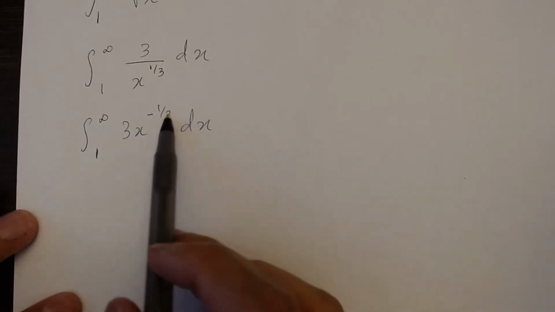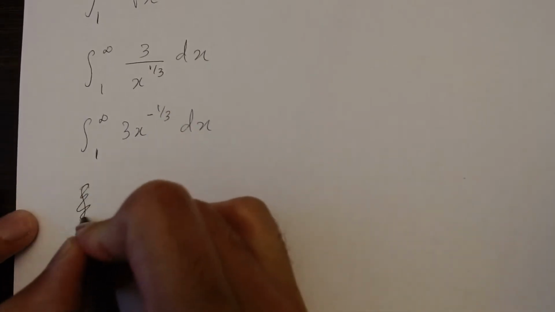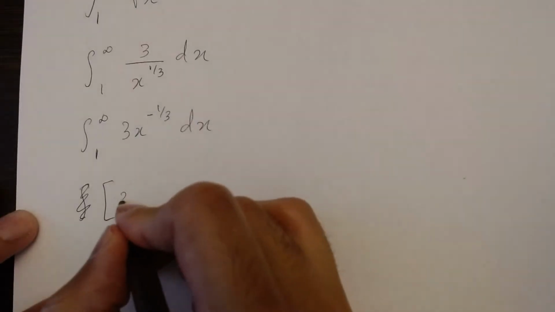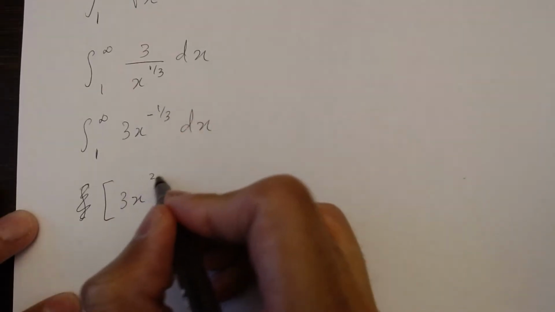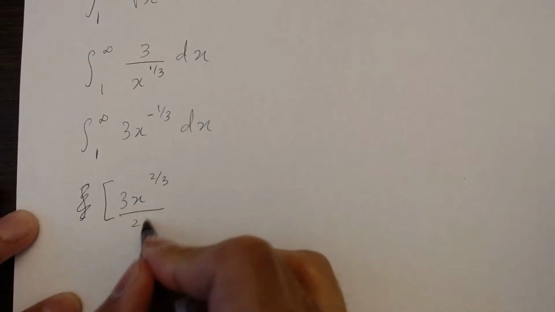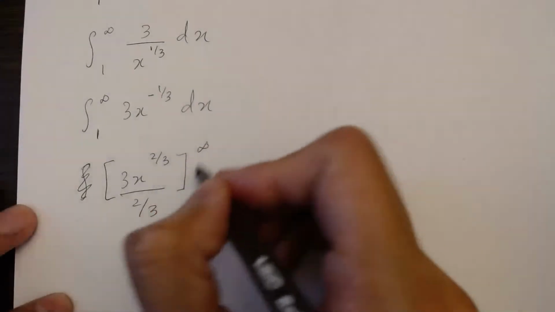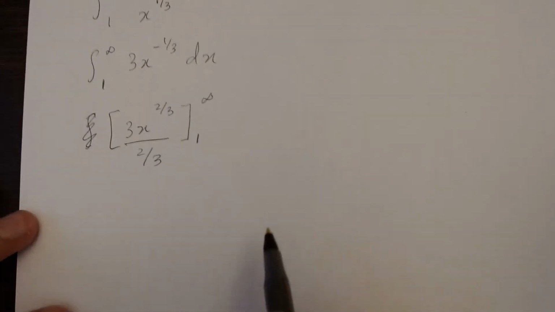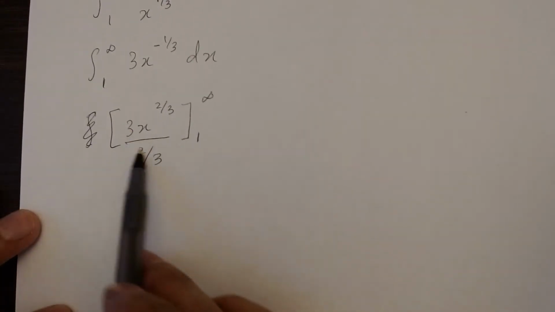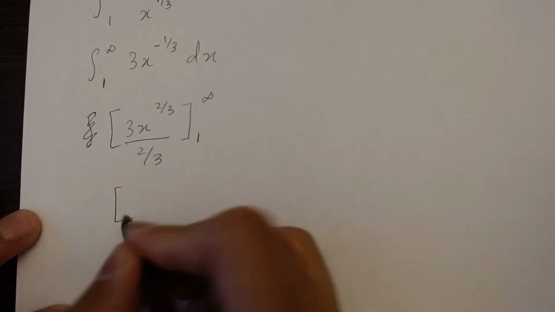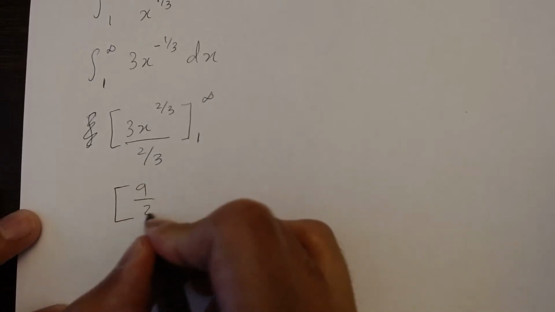So now I'll integrate this. I'm going to add 1 to my exponent. It's going to become 2 over 3, and then I'm going to also divide by 2 over 3. I'm going to simplify this. So 3 divided by 2 over 3 is just 9 over 2.